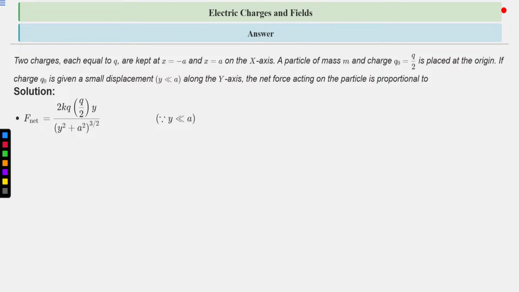Now we know that this displacement is much less than the separation between them, so we neglect y² here, and we are left with a³. So kq²y upon a³. Here q is constant and the separation is constant, so net force is proportional to y. So force is proportional to the small displacement that we have given.